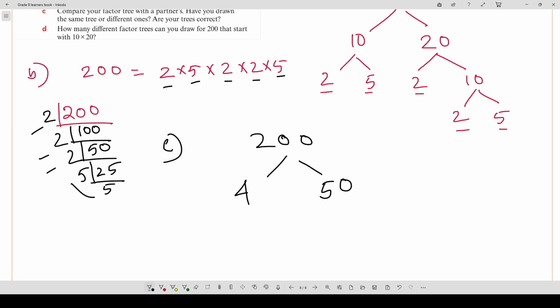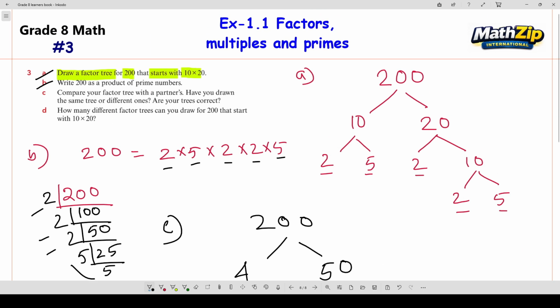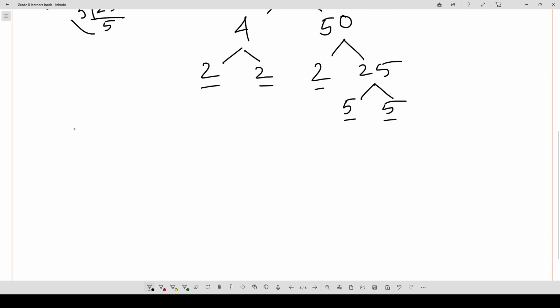So 4 we can write as 2 times 2, and 50 can be written as 2 times 25, and this 25 can be written as 5 times 5. Now look, here are three twos, 1, 2, 3, and two fives, 1 and 2. So similar thing here is also 1, 2, 3 and 1, 2. So compare factor trees. Yes, my trees are correct.